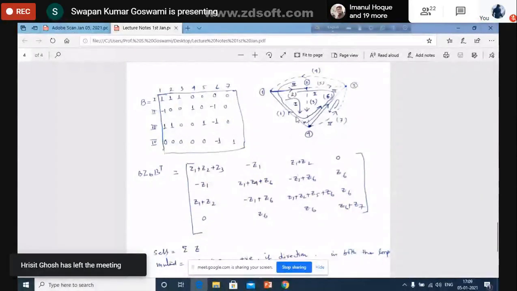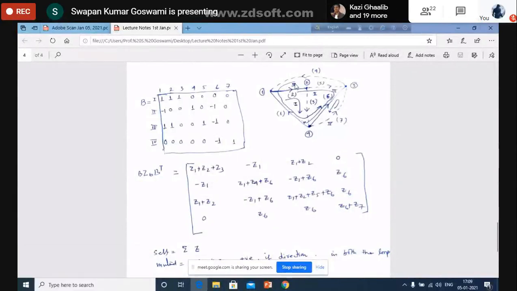Between loop 2 and loop 3, loop 2 current through impedance 1 is against the direction of the element, and loop 3 current is in the direction of the element. So it is minus Z1.